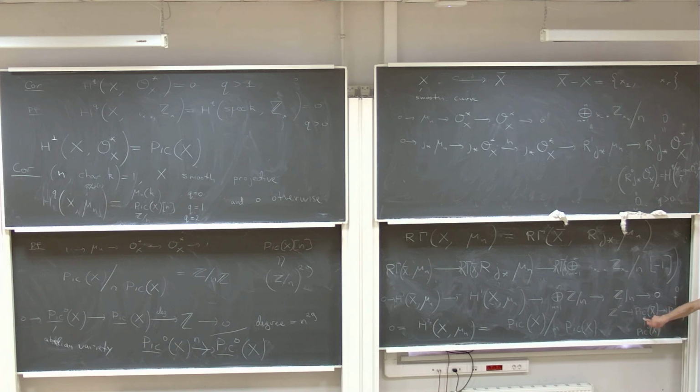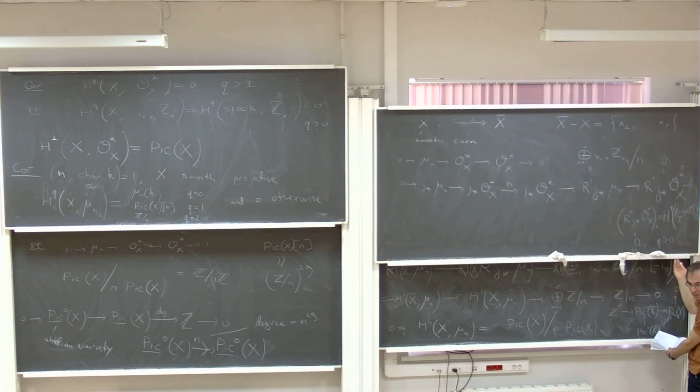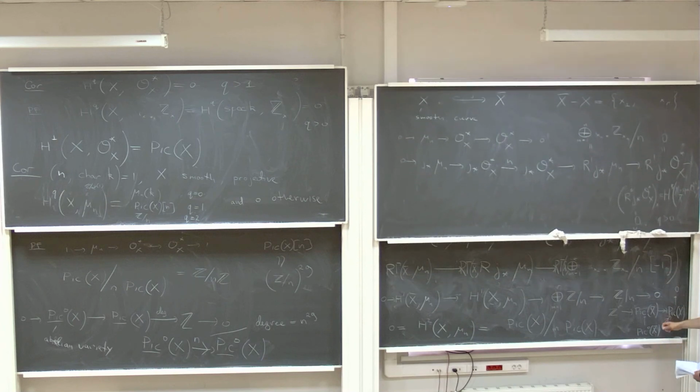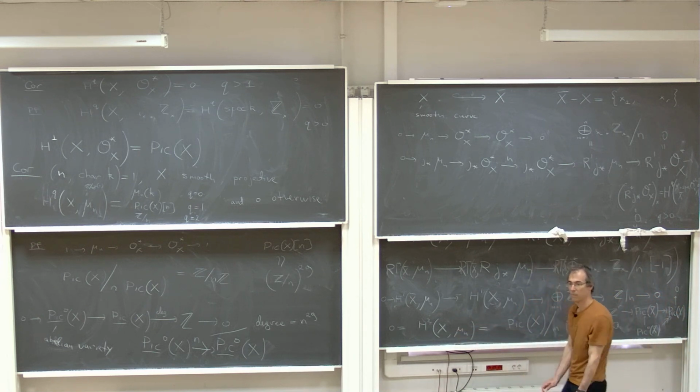Every line bundle on X can be extended to a line bundle on X bar, but I have some freedom: I can add any combination of these points. So I can make this line bundle on X bar have degree 0. That means every line bundle on X can be extended to a degree 0 line bundle on X bar. But this group is divisible, so this is 0, and that means that this is 0. So you have surjectivity here.